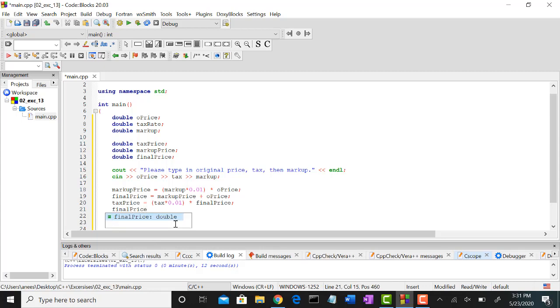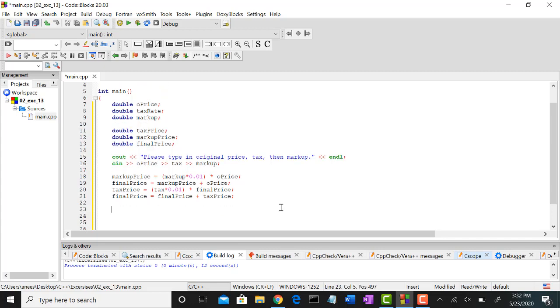Final price is equal to final price plus tax price. Now we are done with all of the calculations.